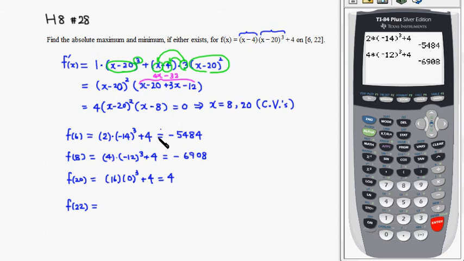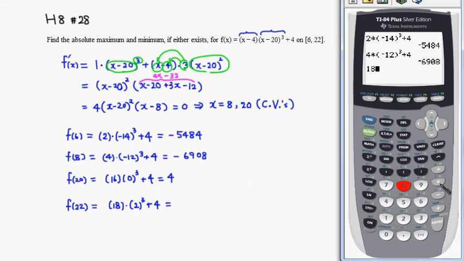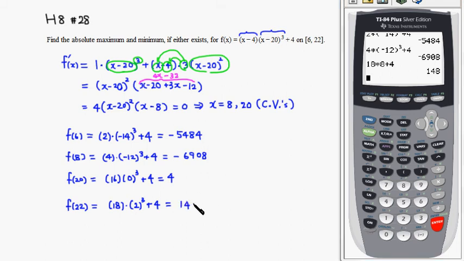If you plug in 22, 22 minus 4 would be 18, times 22 minus 20, which is 2 cubed, plus 4. So 18 times 2 cubed is 8, so 8 plus 4. So this is 148.